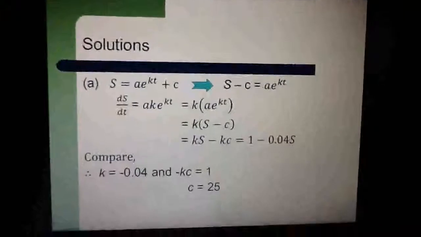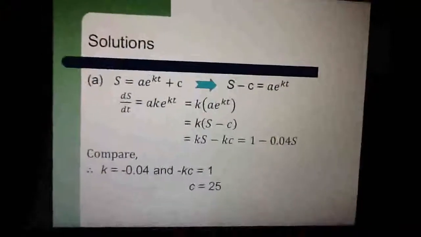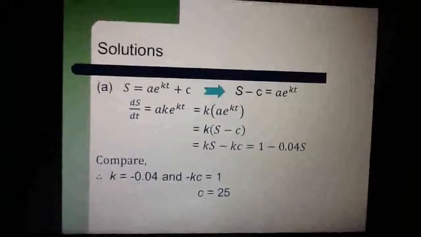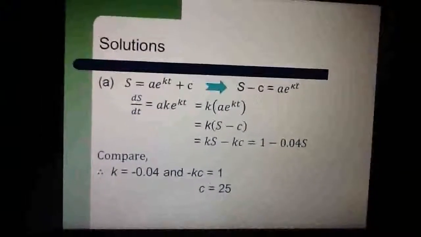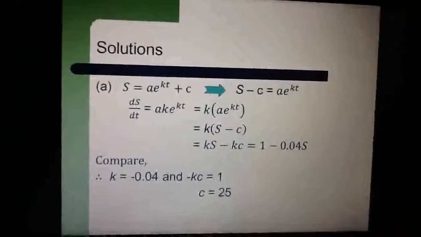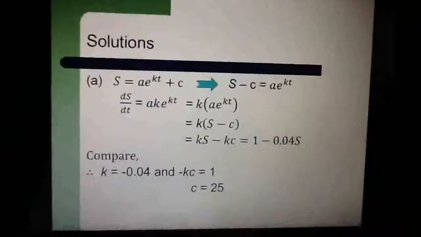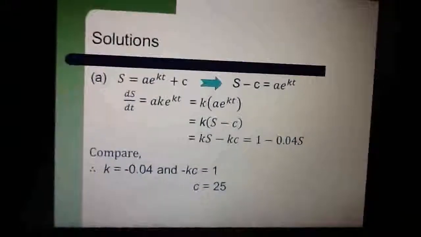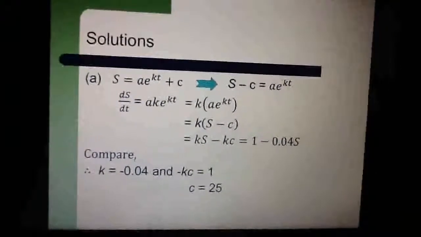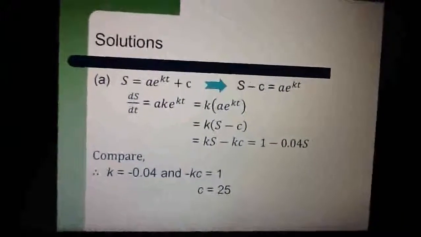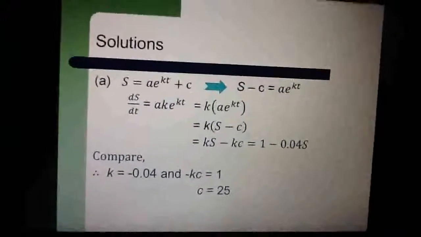This is our solutions. Part A. s equals ae to the power of kt plus c, meaning s minus c equals ae to the power of kt. Differentiate s with time, ds/dt equals ak e to the power of kt.